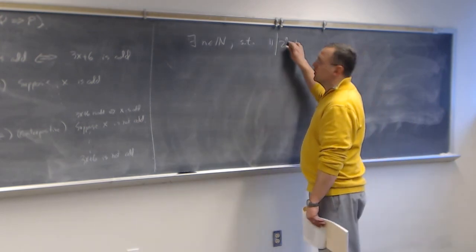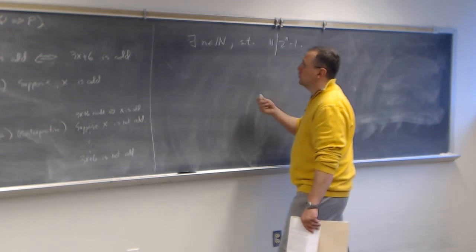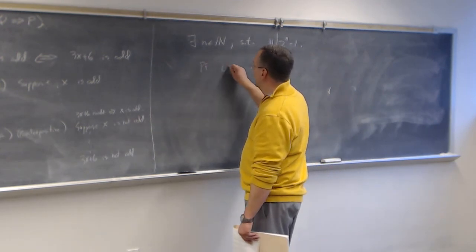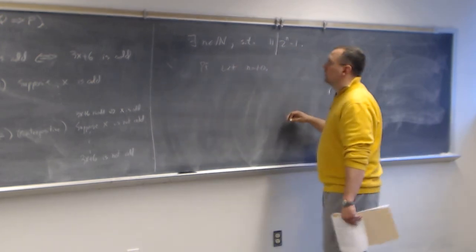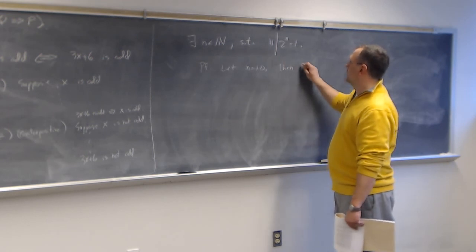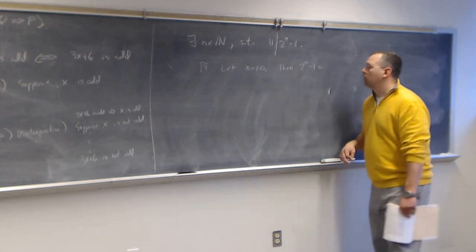So 2 to the power 10 minus 1 is divisible by 11. So in the proof, you just say, let n equal whatever number works, and then you have to show that it works. So n equals 10. Then 2 to the power of 10 minus 1 equals some number.